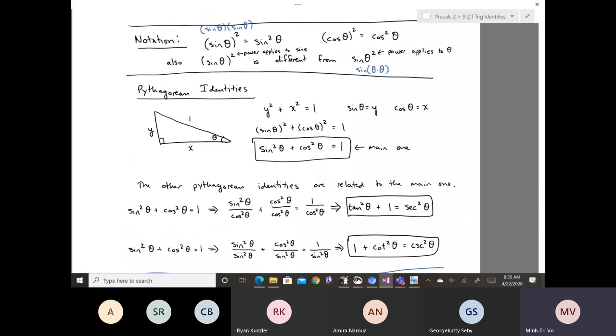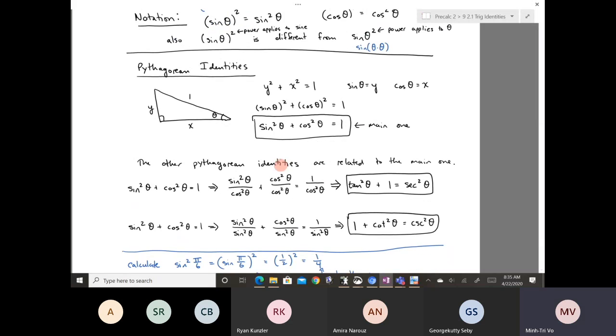Okay, so in terms of the Pythagorean identities, the reason it's called the Pythagorean identity is exactly because it comes from the Pythagorean theorem and right triangles, right?